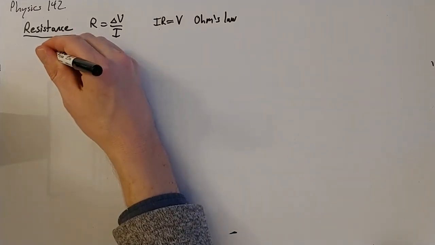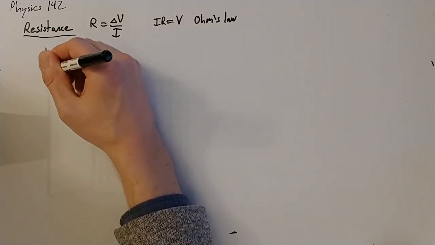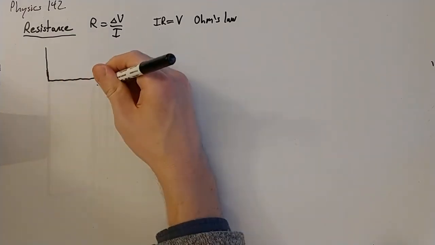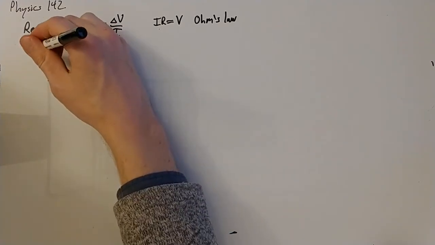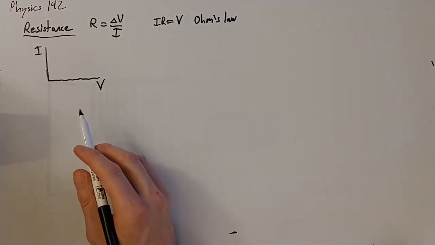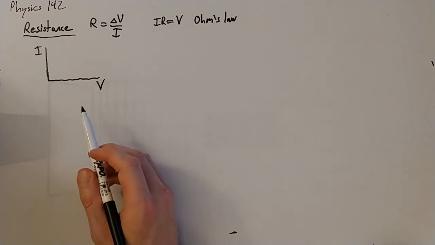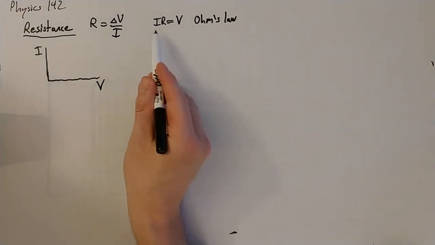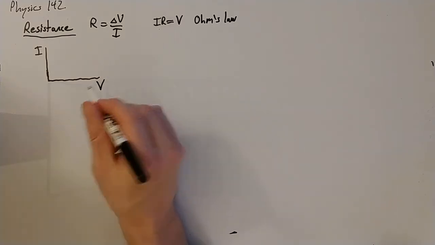Well, what I'd like to do is think about a couple of plots. I'd like to think about a plot of potential versus current. All right, this is a plot of potential versus current for some device. And if we look at Ohm's law here, what do we expect this plot to look like?